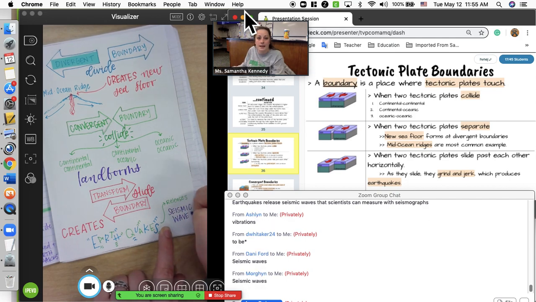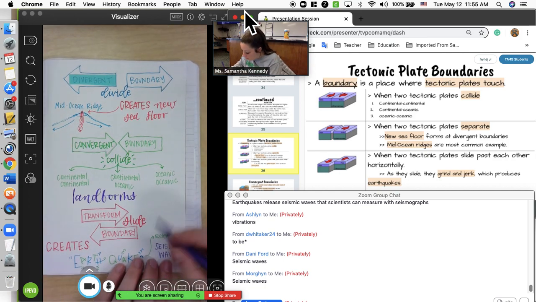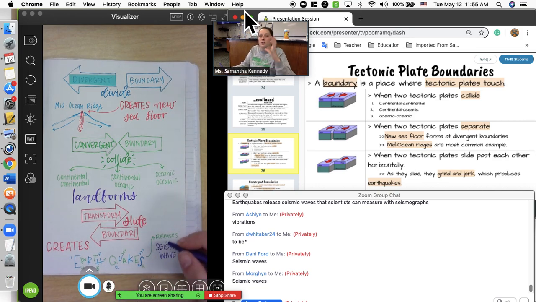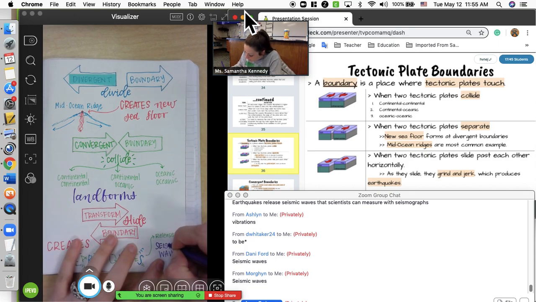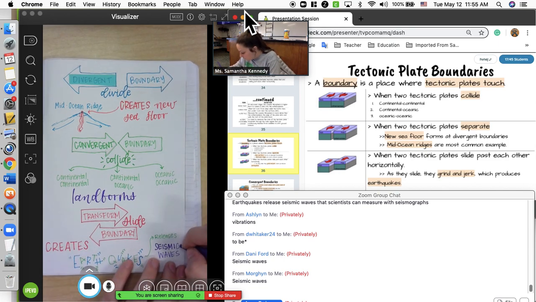It's all coming back together. So transform boundaries, even though it's possible that earthquakes can be created at the other boundaries, they all have their major creation, their major purpose, and what they contribute. You think of earthquakes contributing, it does a lot of damage for us, but it gives scientists different pieces of information.